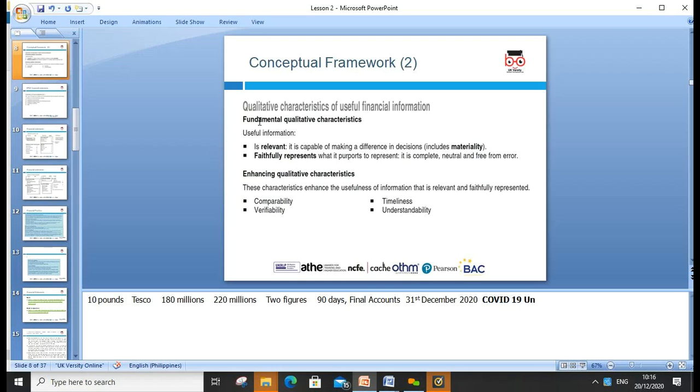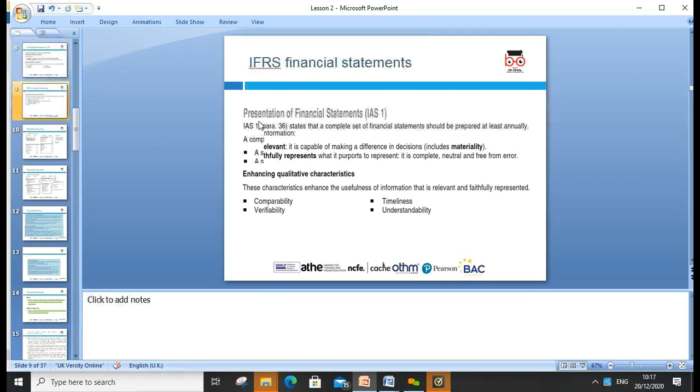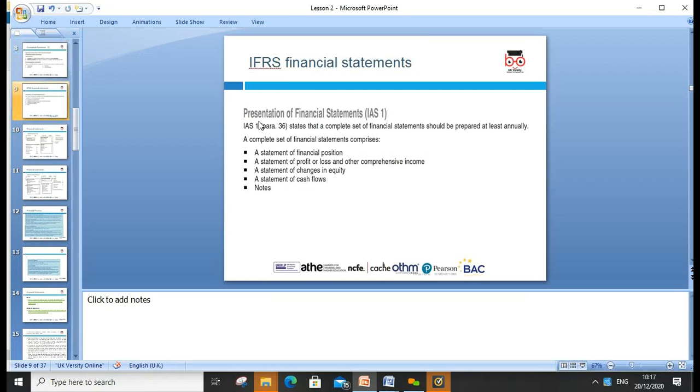So, understandability: whatever we do in numbers, anybody who has basic knowledge of accounting should be able to understand it. Assets should be under the asset heading, liabilities under liabilities, capital under capital, sales under sales, cost of sales under cost of sales. So people understand and are not misled.